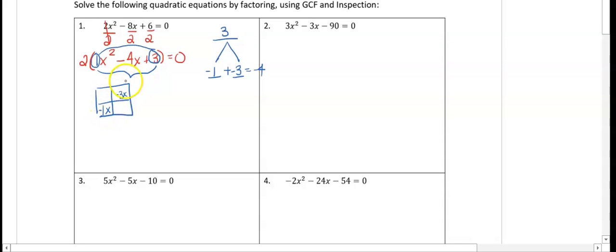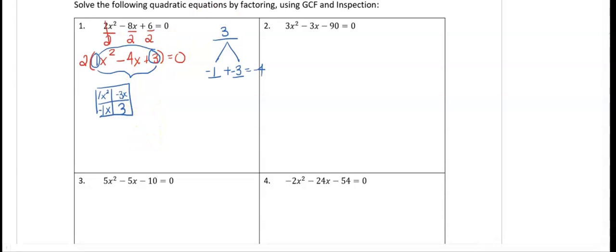Now in the top left corner, I'm going to put what I was starting with for my A value, that 1x squared. You could also just write x squared. I'm just putting the 1 there to help us visually. And then this one right here is always going to be whatever that C value is. In this case, C is 3. So I'm going to write 3 right here.